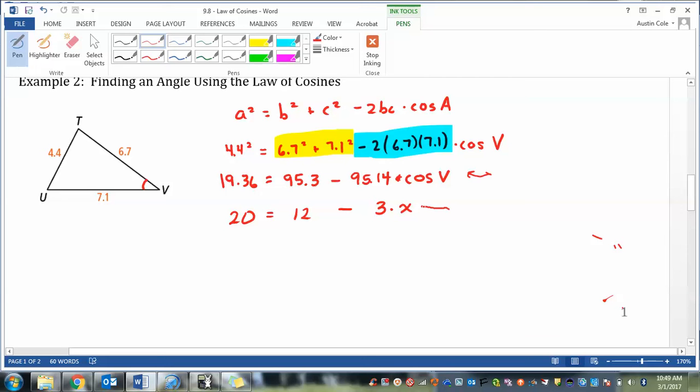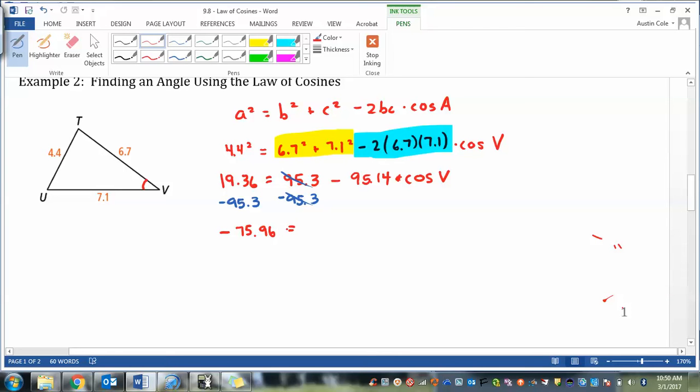So how would I solve this guy? You have to do what? I'd have to get rid of the 12 by subtracting it, and then I would divide by negative 3. Same idea. We're going to have to subtract the 95.3 from both sides. Oh, we're going to get negative 75.94.